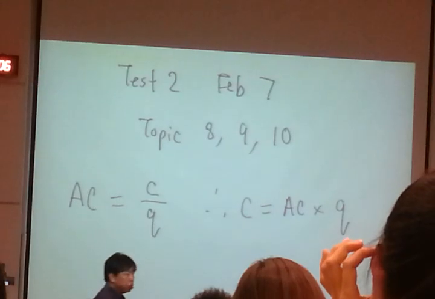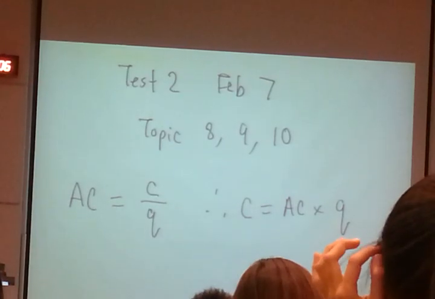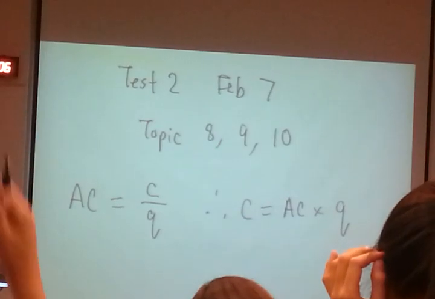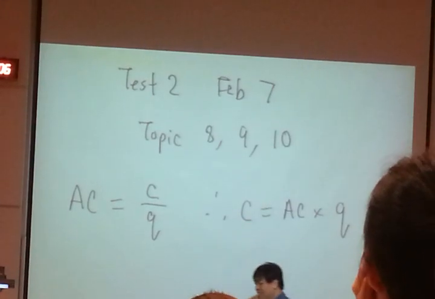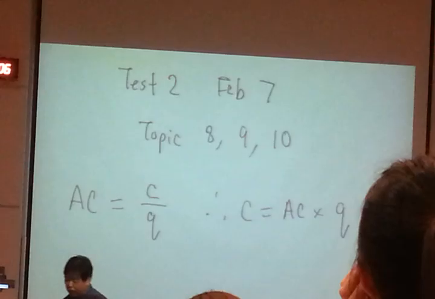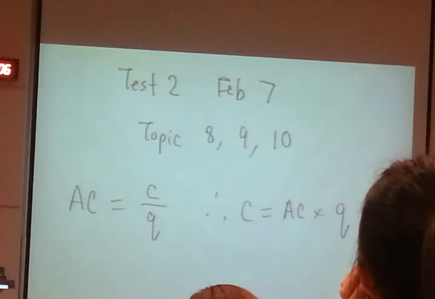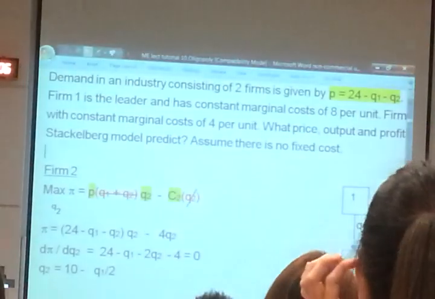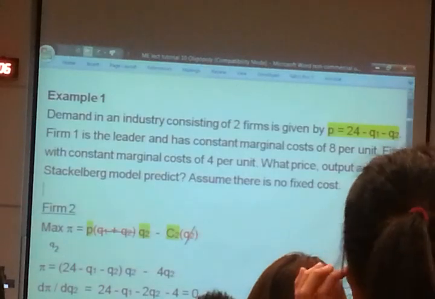Okay. If you are down my code, then you find this very simple. Okay, so this is every equation. So AC times Q2. Now for firm 2, what's the average cost?